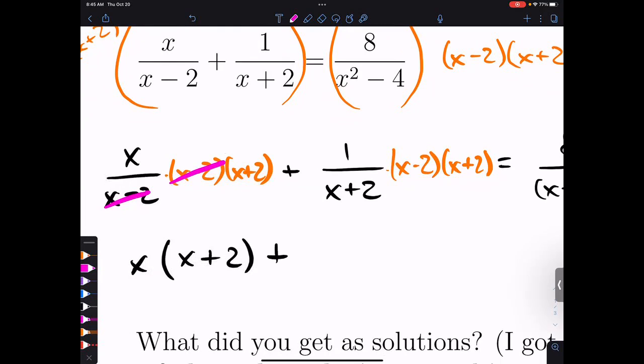What happens there? The x plus 2 cancels out. What's left then? 1 times x minus 2. And of course, multiplying by 1 is not really going to matter, I'm just leaving it there for emphasis.